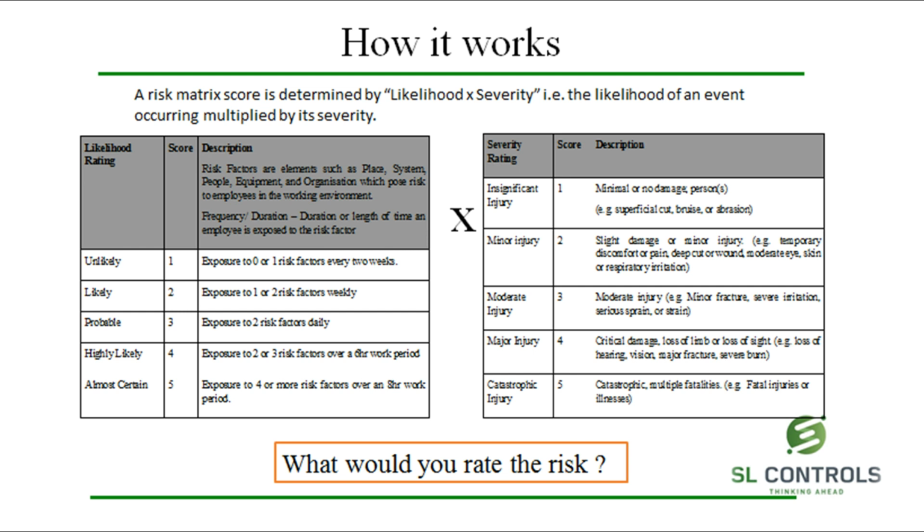To aid you in deciding what categories are applicable to your hazard, a description is provided for each category. These descriptions take into consideration risk factors and frequency or duration of exposure.